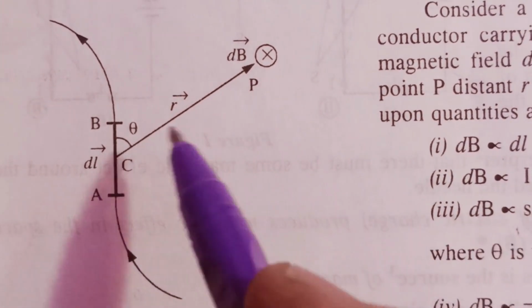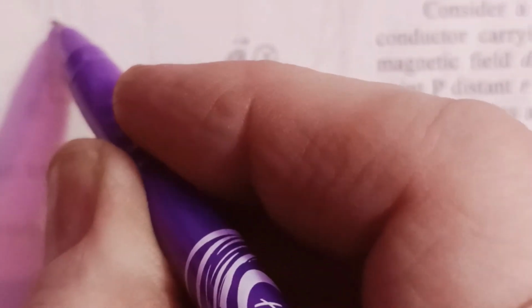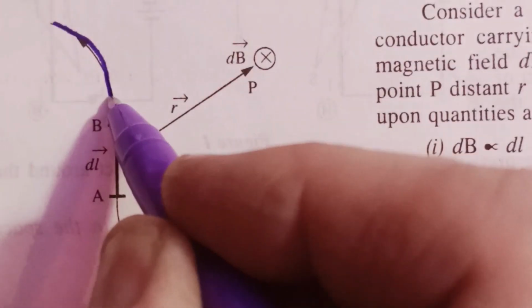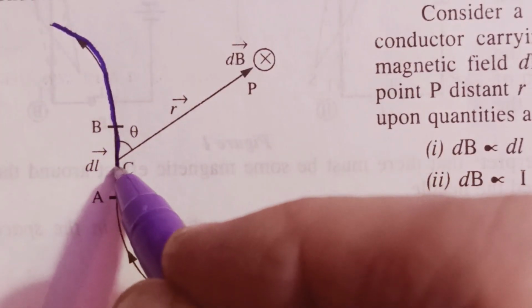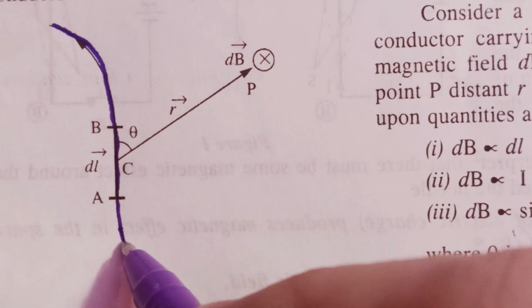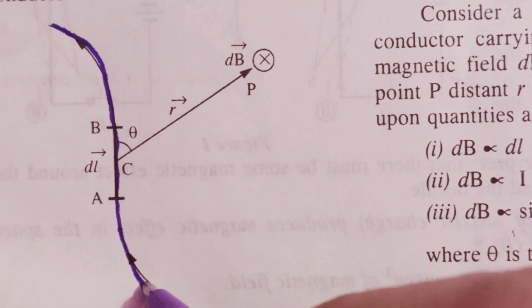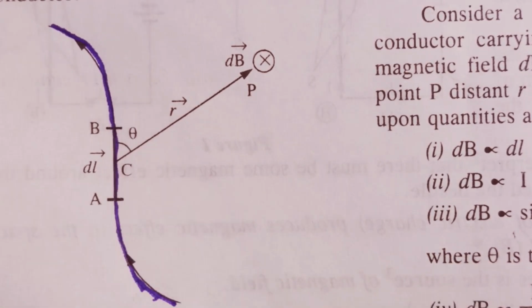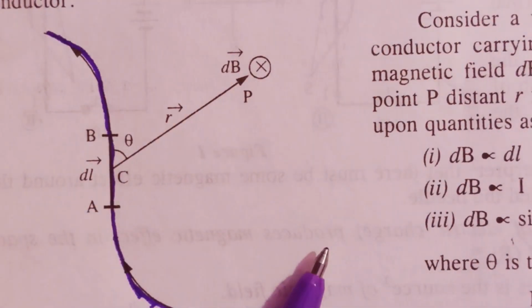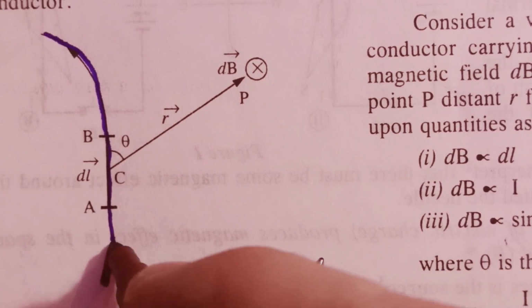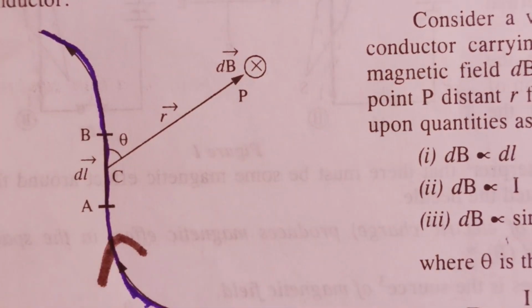So we consider this conductor of any arbitrary shape. This shape is arbitrary. And then some current I is flowing in this direction.